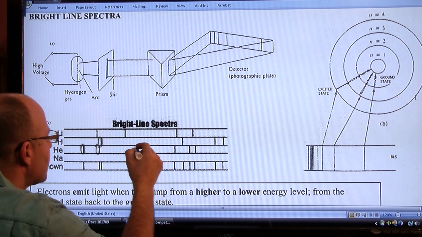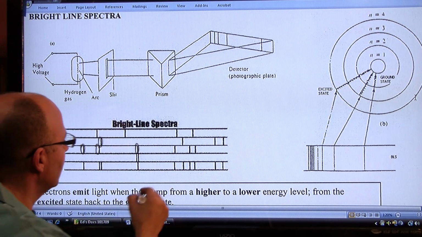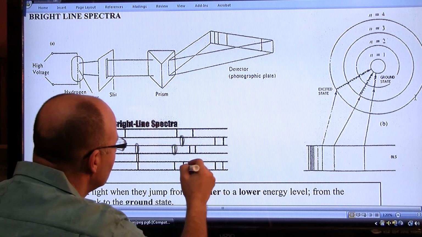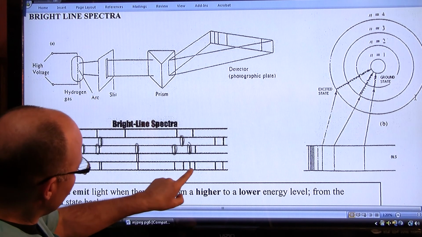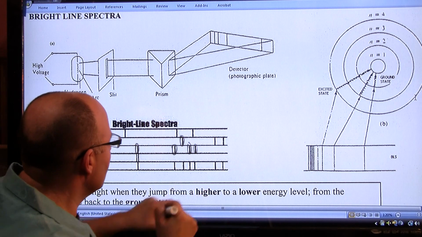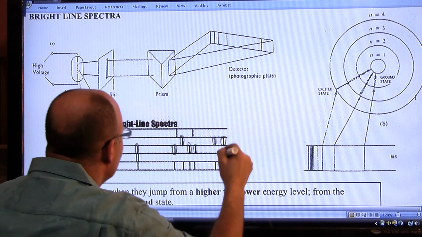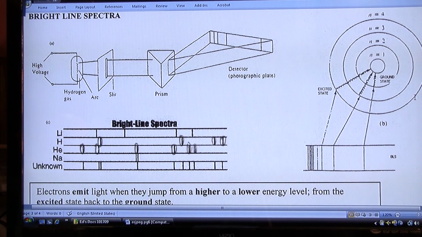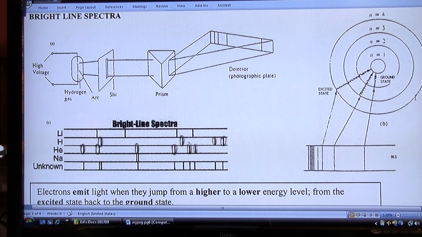And this one here matches up again with helium, hydrogen, this one here, again, these two, finally, with hydrogen. So since these lines match up only with the spectral lines in hydrogen and helium, then you would conclude that the unknown contains hydrogen and helium.